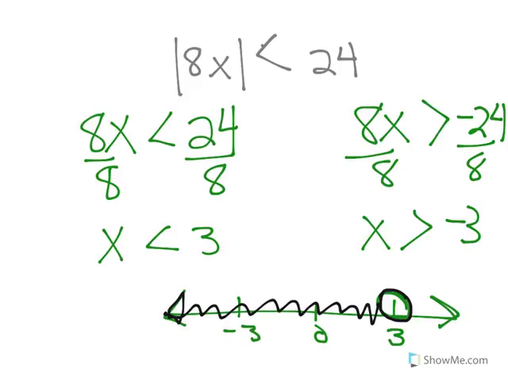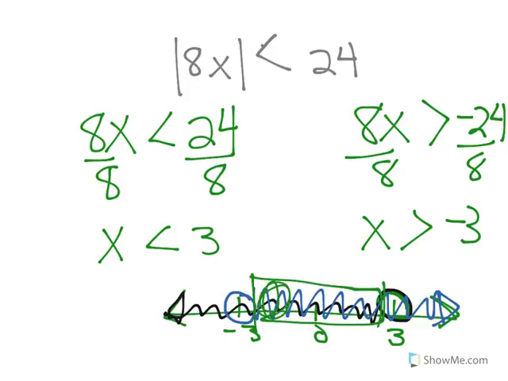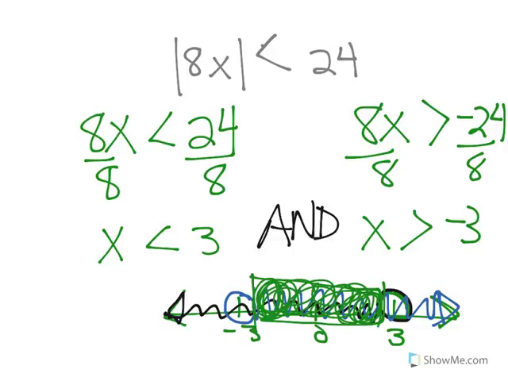Now look at the negative 3, open circle, and we shade to the right because it's greater. So our solution is the intersection. We're going to look at where the black and the blue are intersecting. So this area on the number line is our solution. That means it's an AND because it's sandwiched in between.